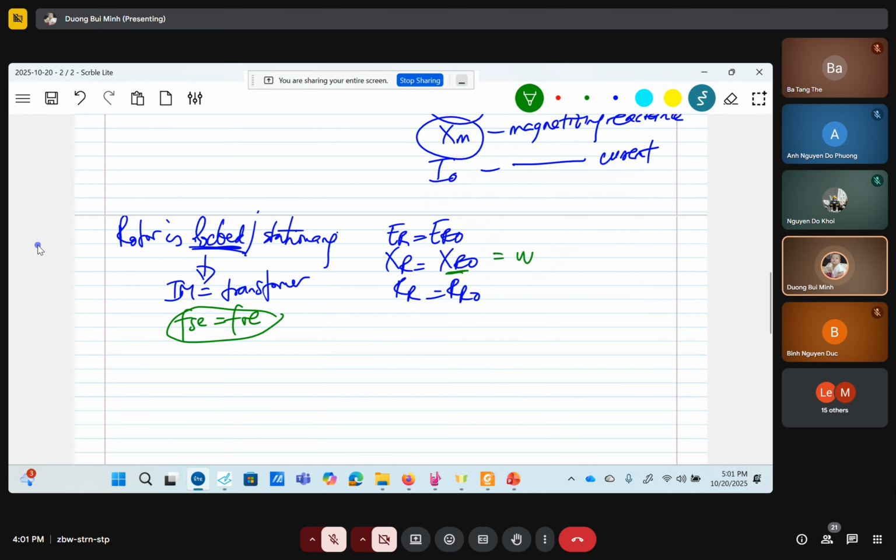So we have omega RE times LR, but because FSE equals FRE, omega SE is equal to omega RE. So you get omega SE times LR, and omega SE means 2 pi FSE. So this one is XR0, and this resistance is constant, independent of the frequency. This is case 1.